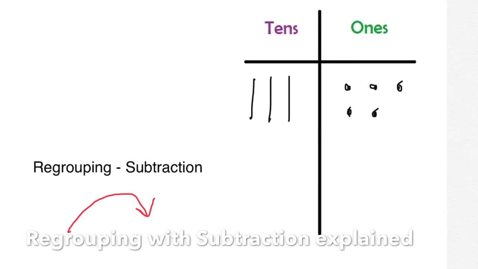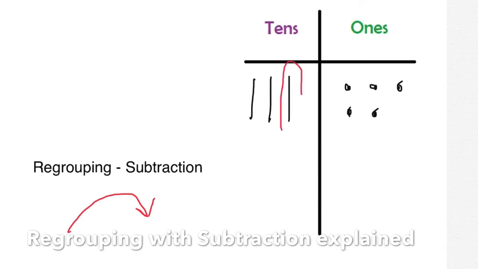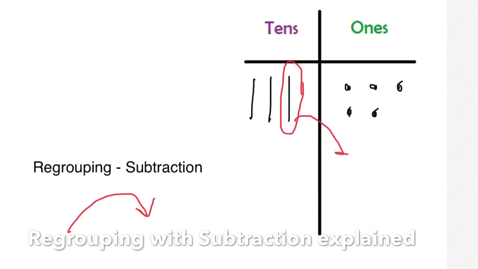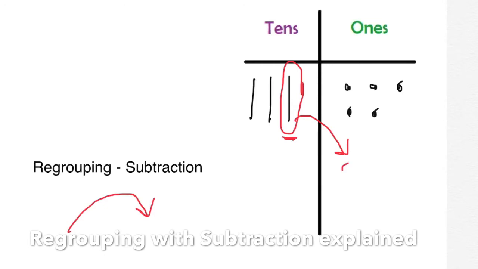With regard to regrouping with subtraction, you are taking one from the tens column and putting it in the ones column, so you're moving in the right direction. If I take this 10, I break it down into 10 ones.